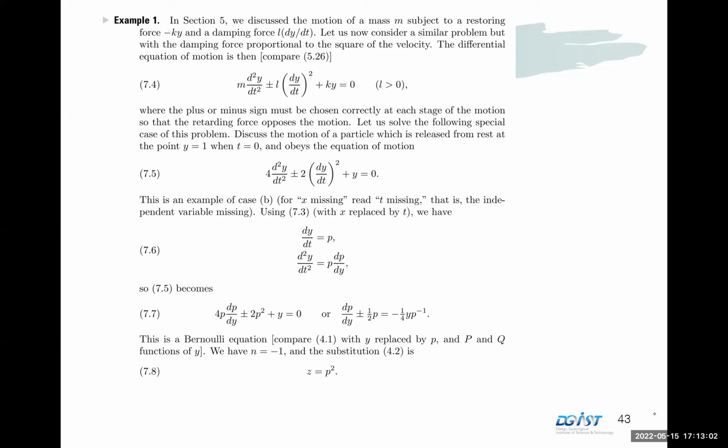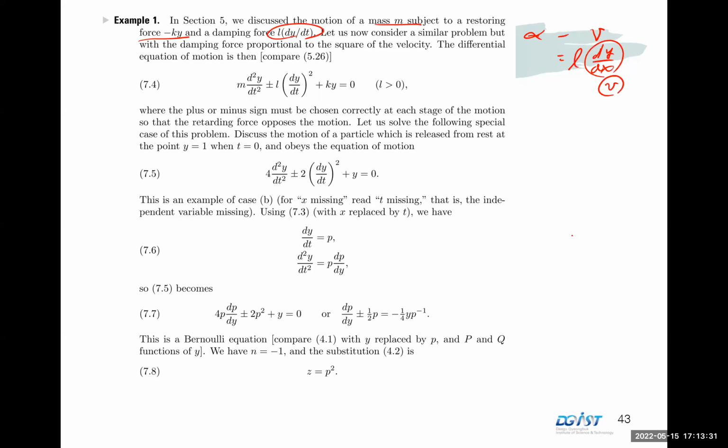Okay, so when we have a spring harmonic oscillator problem, the mass is m and the restoring force is minus ky, and the damping is proportional to the velocity, minus kv. Or we can say L instead of k, and write L dy dx. This is velocity.